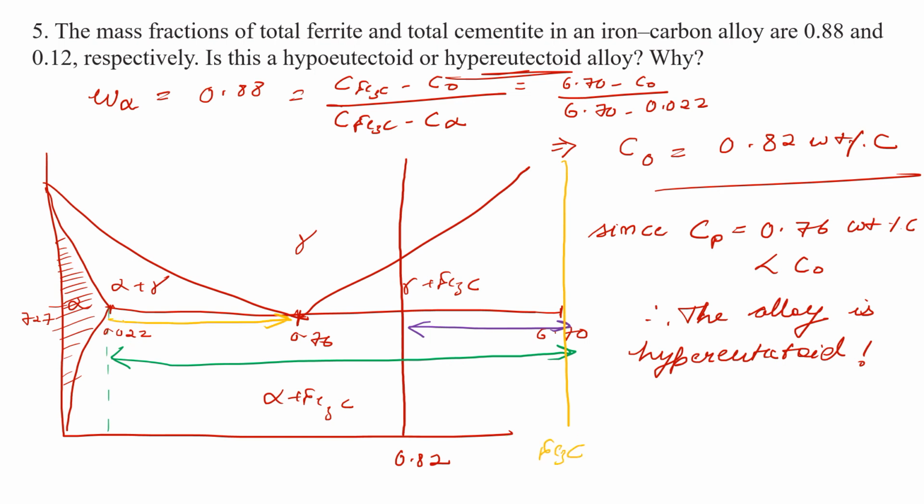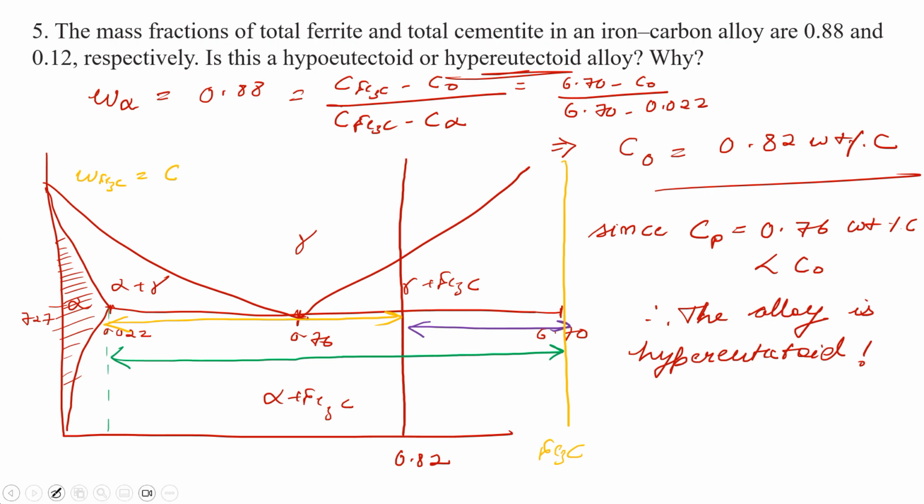So if you have to write the equation for the total cementite, it should be C naught minus C alpha divided by Fe3C minus C alpha.